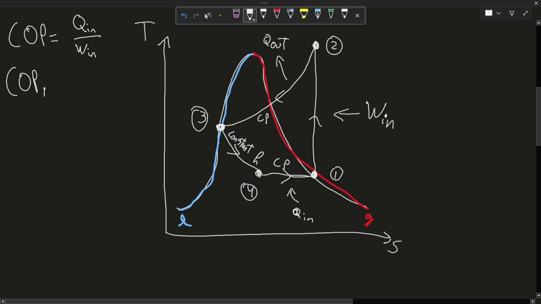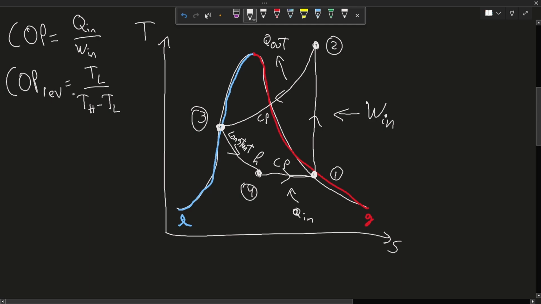Some questions are going to ask you for the reversible coefficient of performance. That's going to be equal to TL over TH minus TL. Now, what does this mean? The coefficient of performance of a reversible cycle is basically measuring the best case scenario efficiency of your refrigeration. In thermodynamics, a reversible cycle means it's theoretically the perfect cycle.